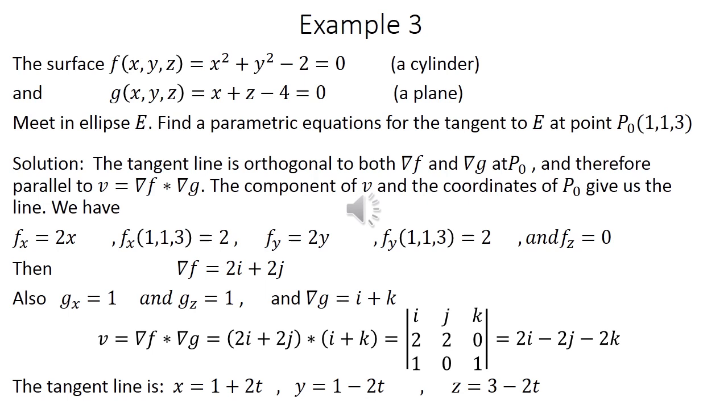Therefore, the tangent line is x equals 1 plus 2t, y equals 1 minus 2t, and z equals 3 minus 2t.